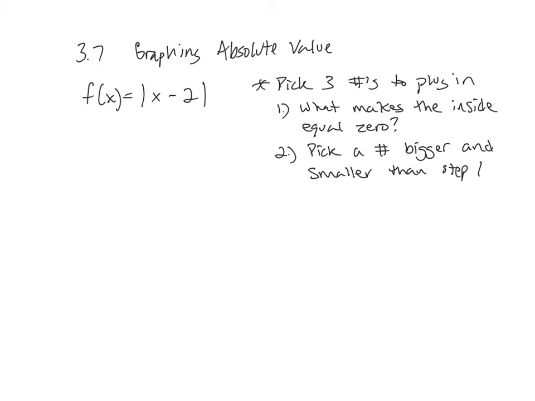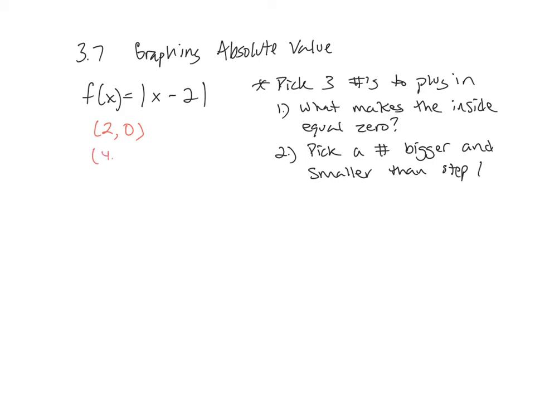If I plug in a number for x and then I do -2, what's going to make that be 0? So that would be 2. It's just kind of the opposite of what you see right there. I see -2, so I'm going to pick +2. If that was +2, I would pick -2. So 2 is going to be one of the numbers I pick. 2 minus 2 is 0.